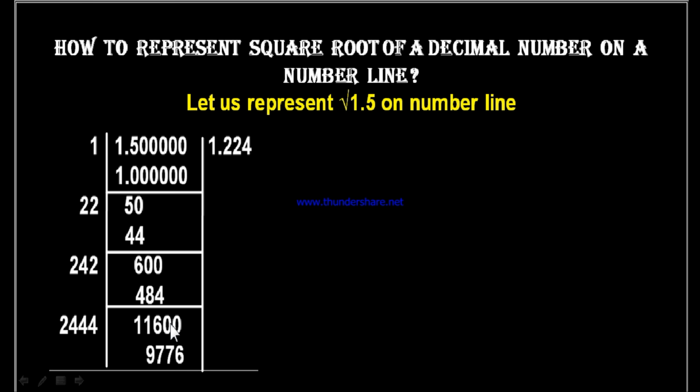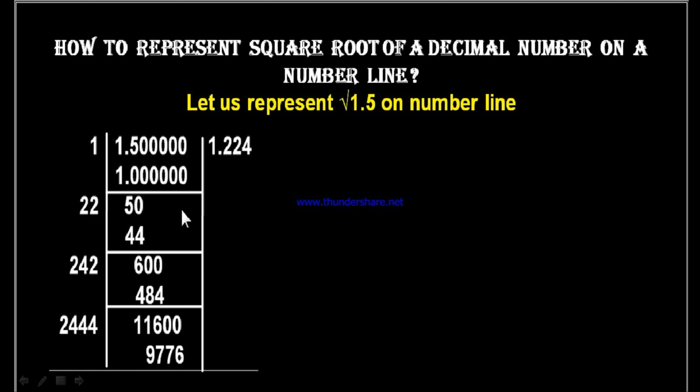Write the next 2 digits, 2 zeros. Now it is 11,600. So far we have 122. You double this, 244. Then 11,600 is divisible by 2,440 only 4 times, as we know that 2,440 into 5 will be around 12,000.